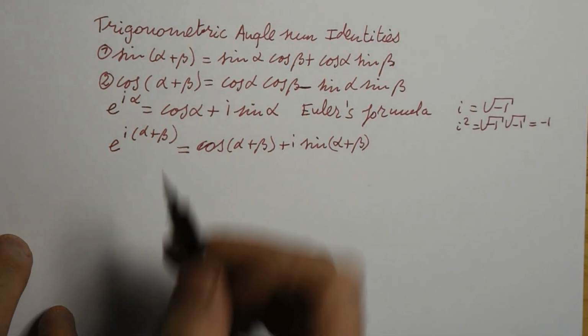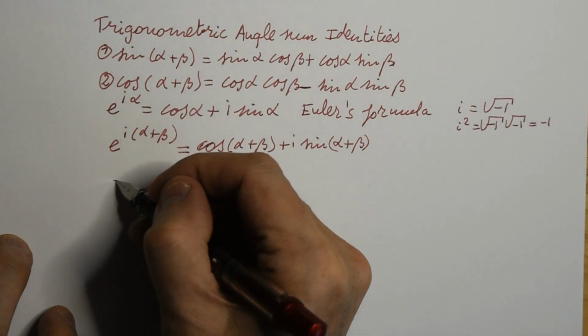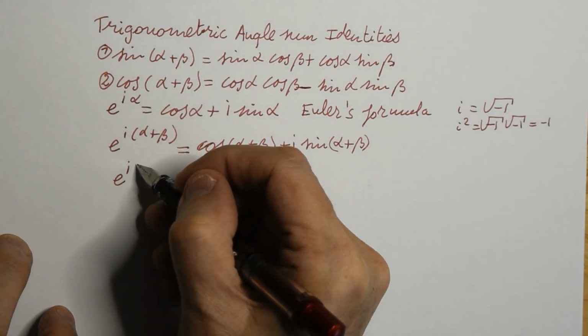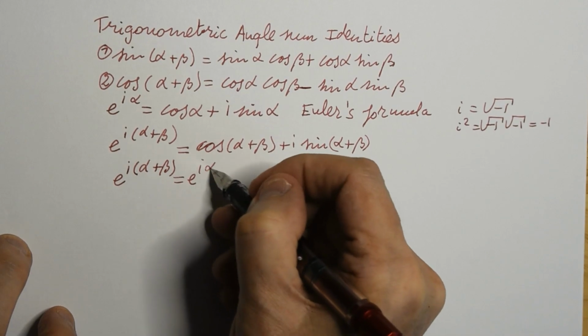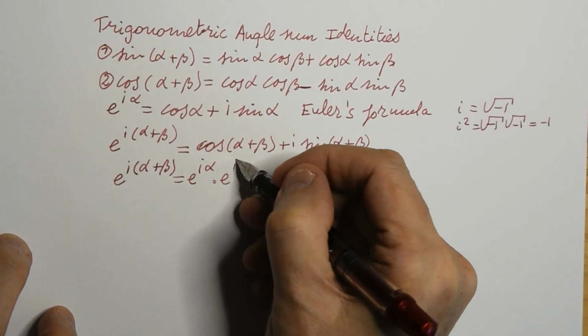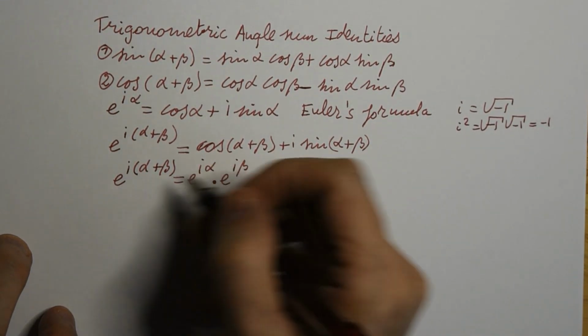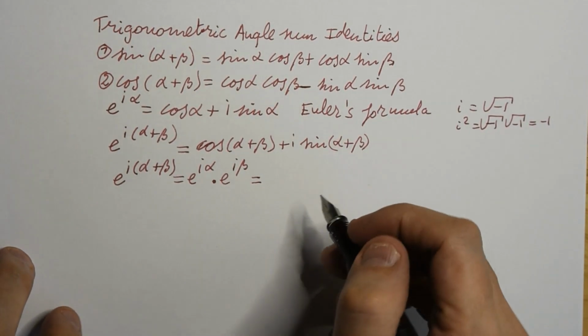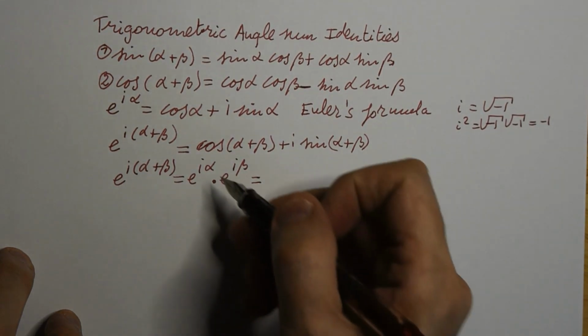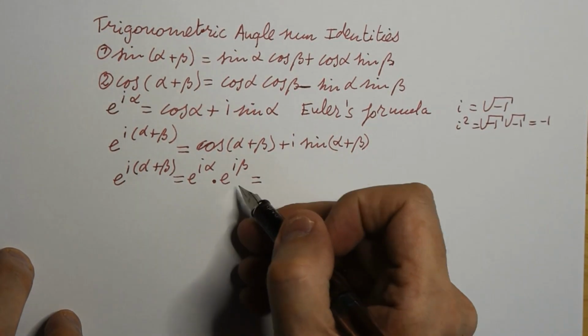Now we're going to write it out in a little bit of a different form. We say e to the power i(alpha plus beta) equals e to the power i alpha times e to the power i beta. Right? This is also allowed because it's an exponent and you can essentially multiply them. When it's an addition here, it's a multiplication on the lower end.